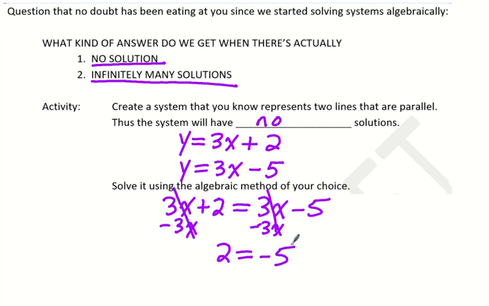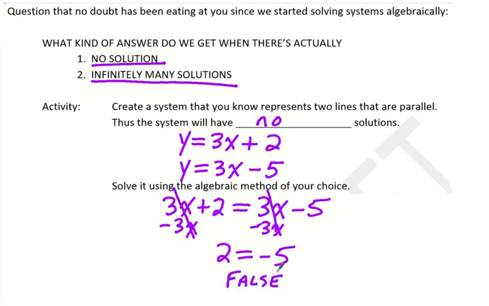Since the variable totally dropped out and disappeared, what I'm left with is either true or false. So does 2 actually equal negative 5? No, false.